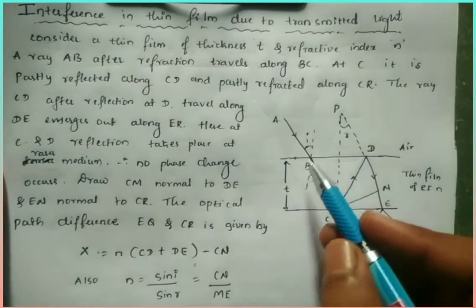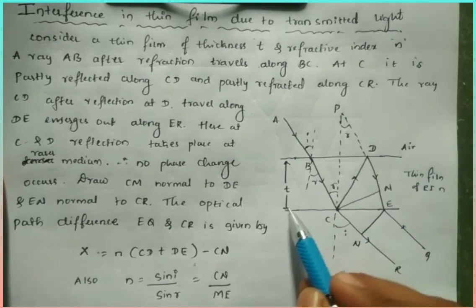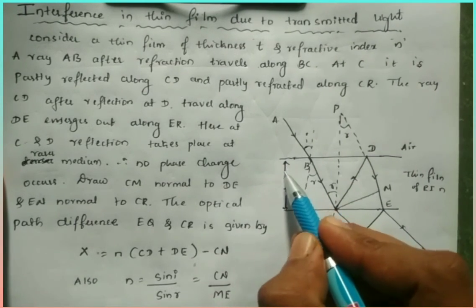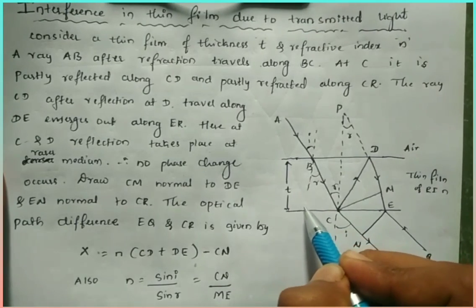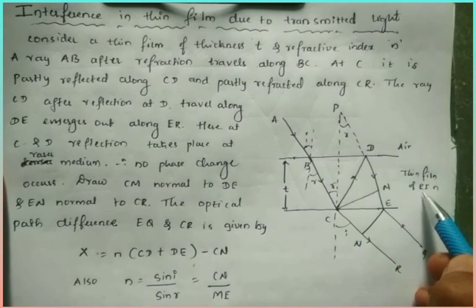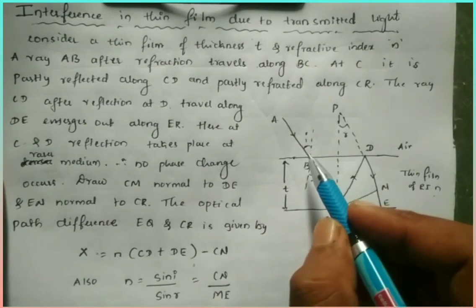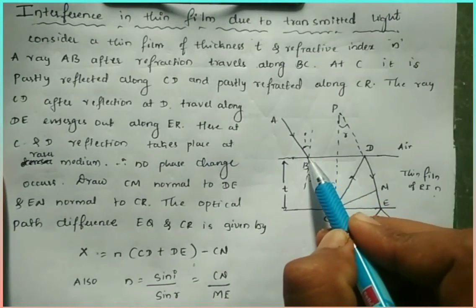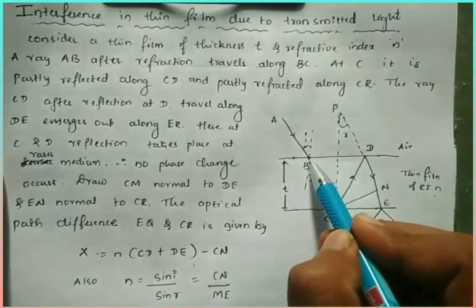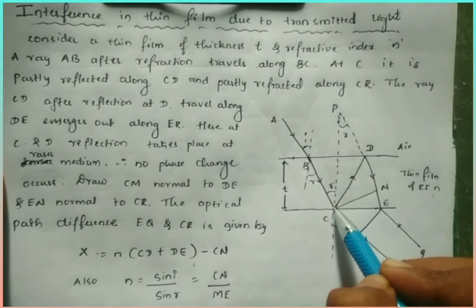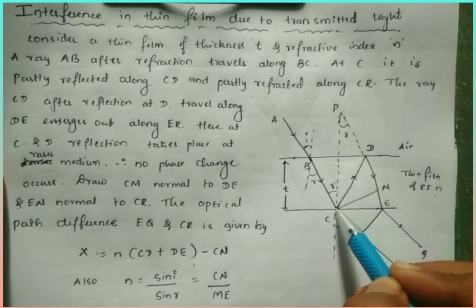Here we consider a transparent thin film having a thickness t and refractive index n. Now we incident a ray of light on this thin film surface along the path AB, and this ray is refracted towards C along the path BC.